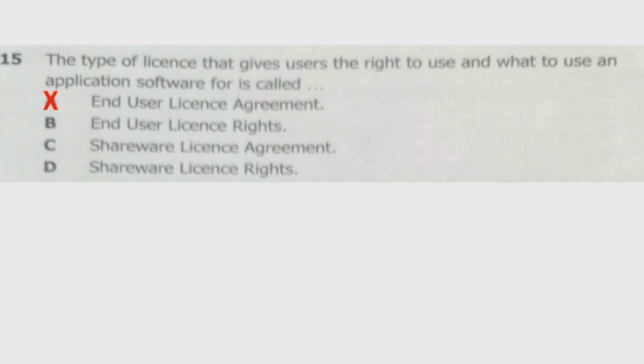That is correct, but we'll go through other answers. B. End user license rights. C. Shareware license agreement. D. Shareware license rights. The correct answer is A.